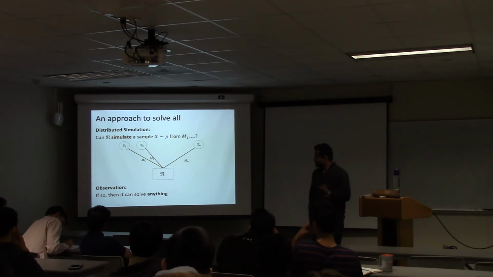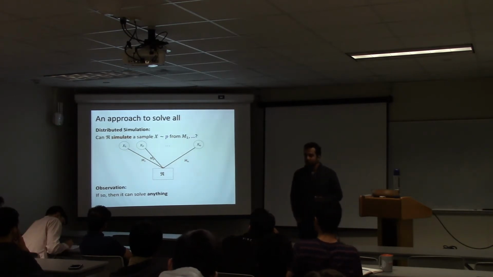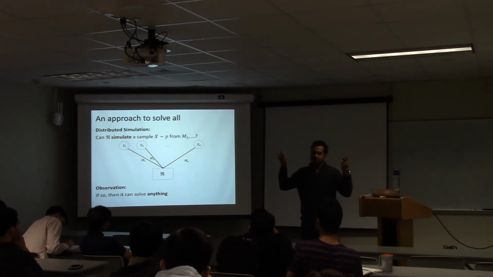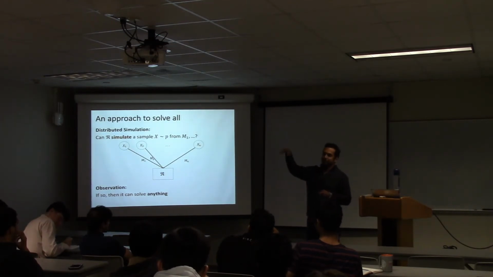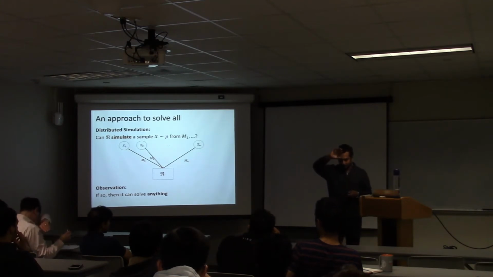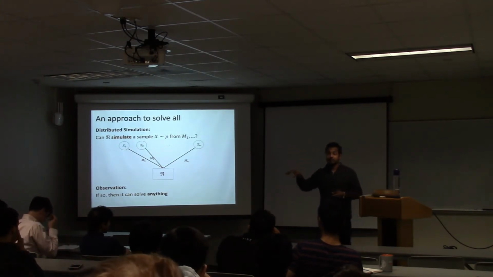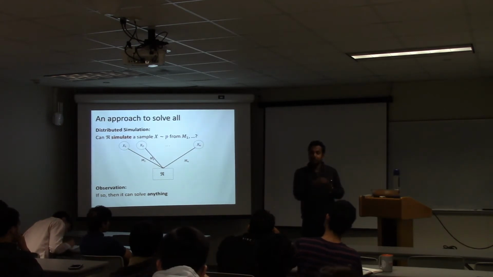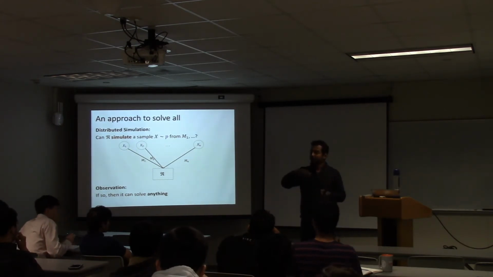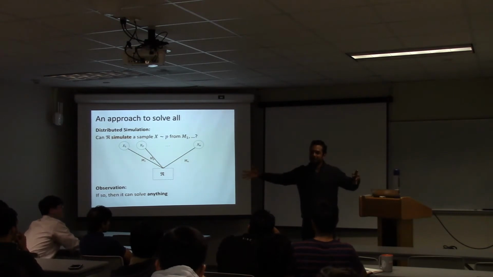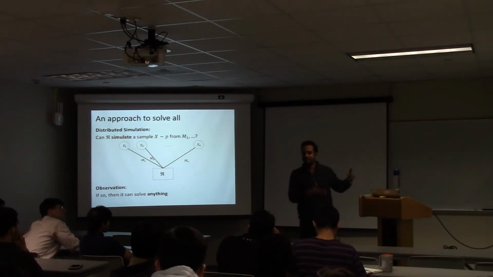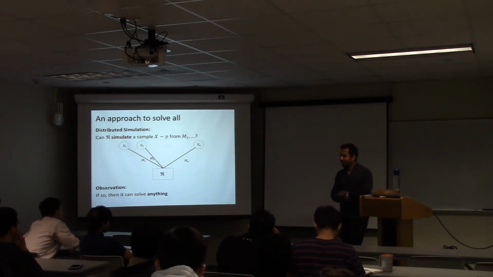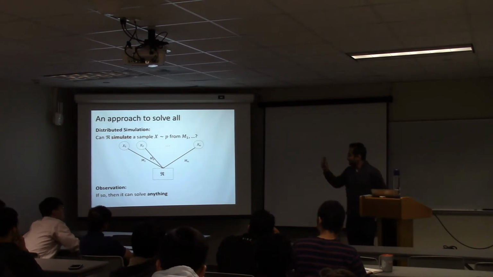And the observation is that if we can do it, then hypothetically we can solve any kind of inference task that can be solved in a centralized setting, perhaps with a blow up in number of players or number of samples, but we can solve it. How? Use a bunch of players, simulate one sample. Now keep doing it until you have enough samples to solve the problem in the centralized setting. Okay? So that's the question.